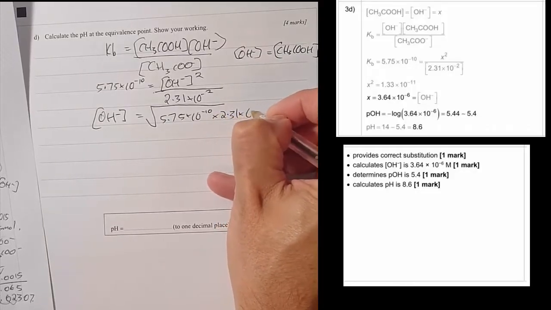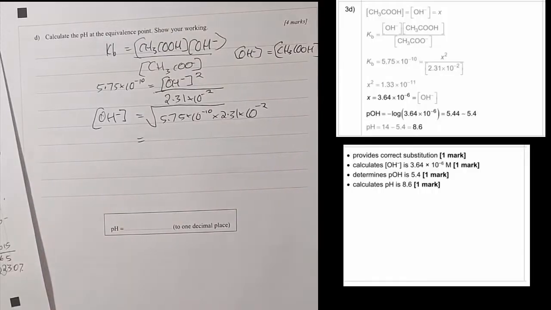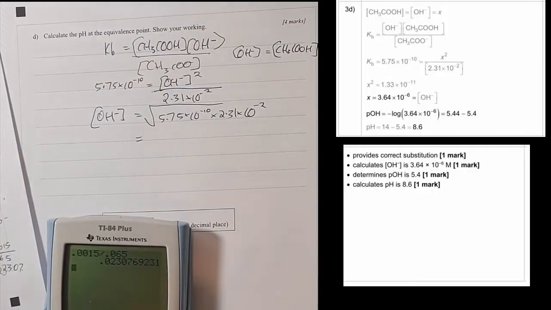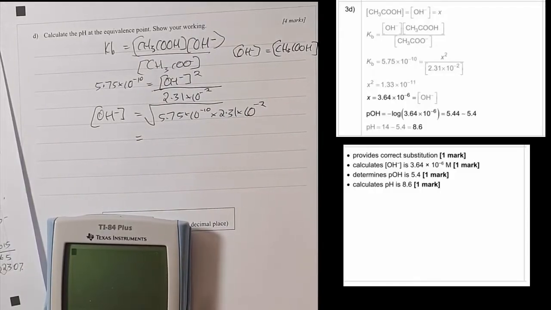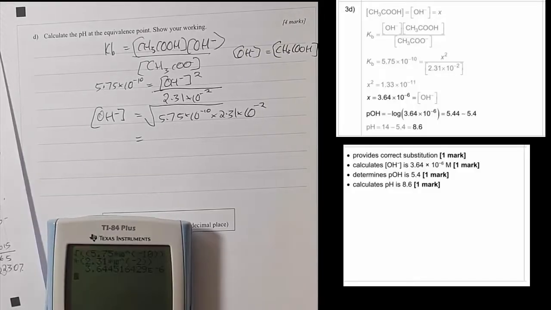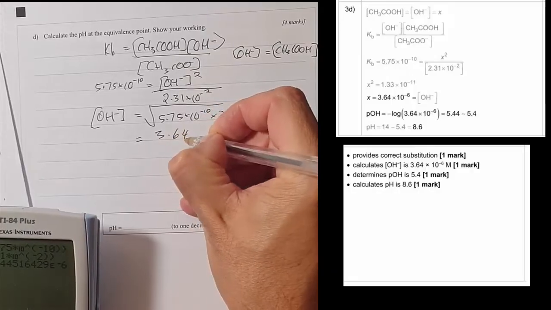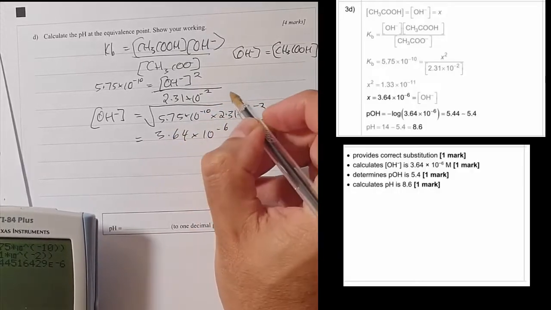I was actually quite impressed with how difficult this is, because they don't usually go to that level of complexity. And now I'm back to my own personal issues of trying to get the calculator to work. Okay, so I should be getting good at this by now. So we have 3.64 by 10 to the minus 6.